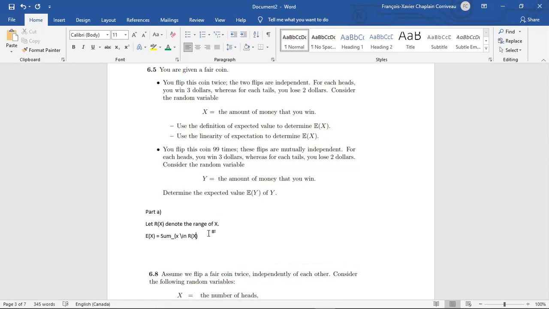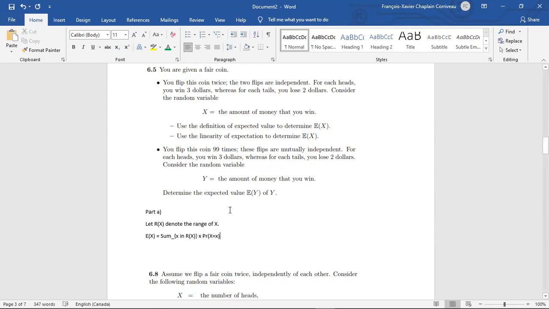I look at every value in the range of X, and multiply each of these values by their corresponding probabilities. So that's the definition of expected value.